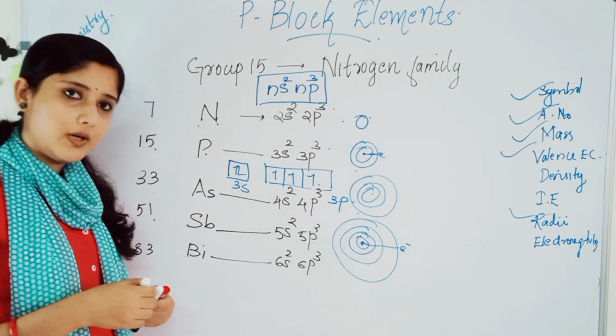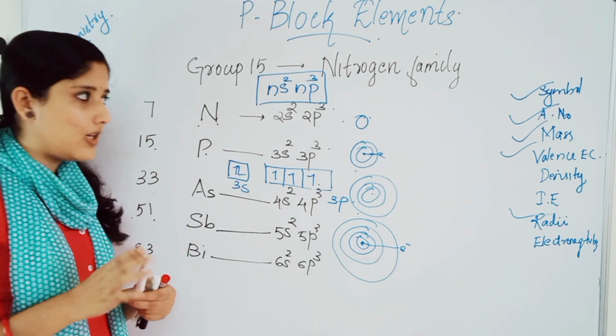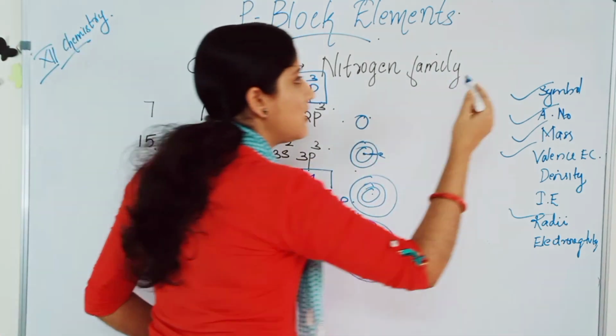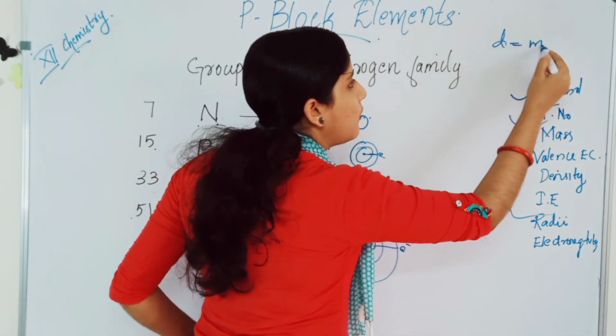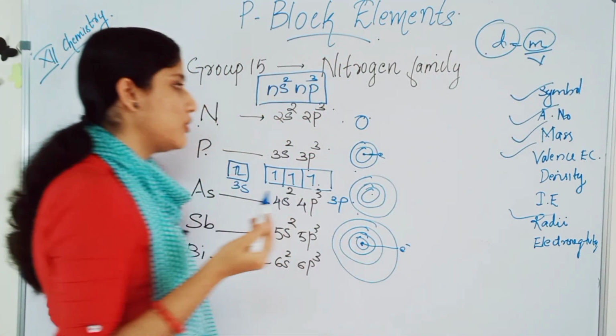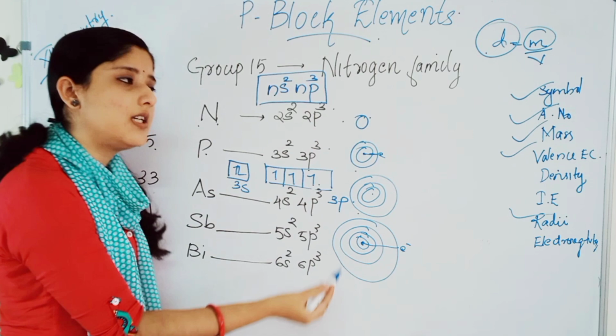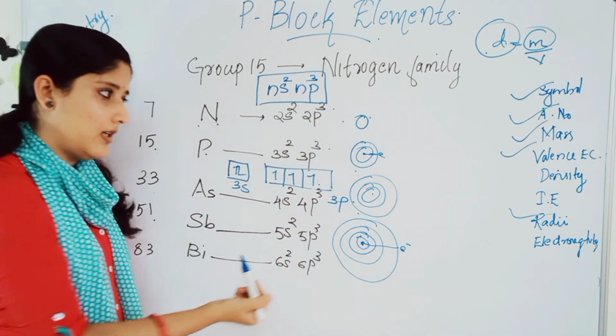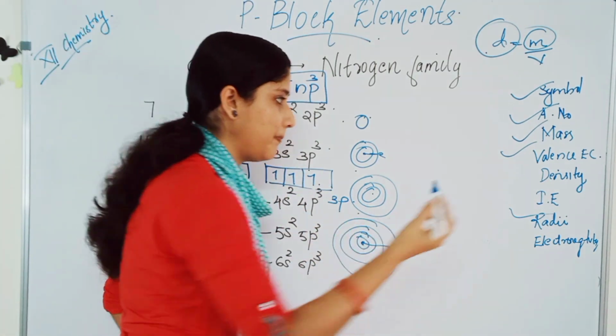Similarly, atomic number increases, atomic mass increases. Density is equal to mass by volume, so as the mass increases, density also increases from top to bottom.